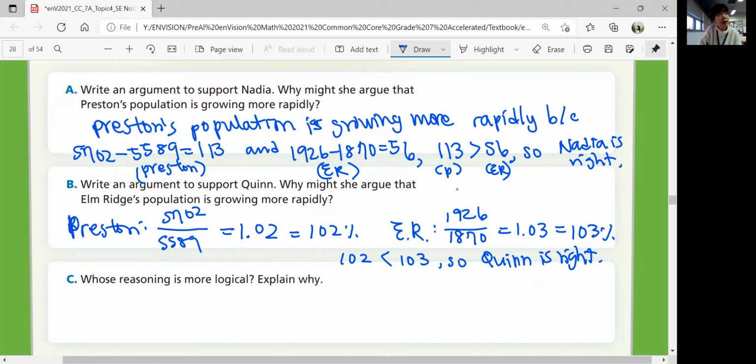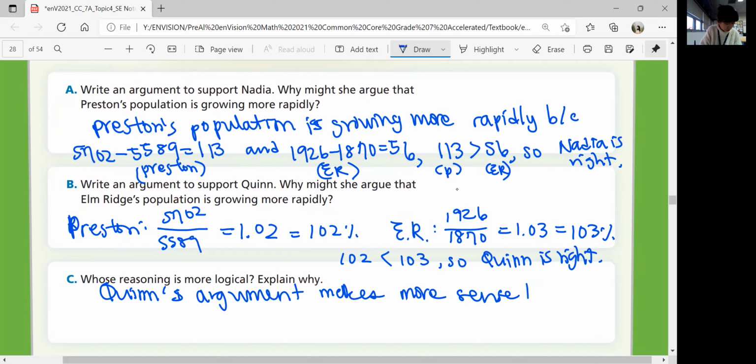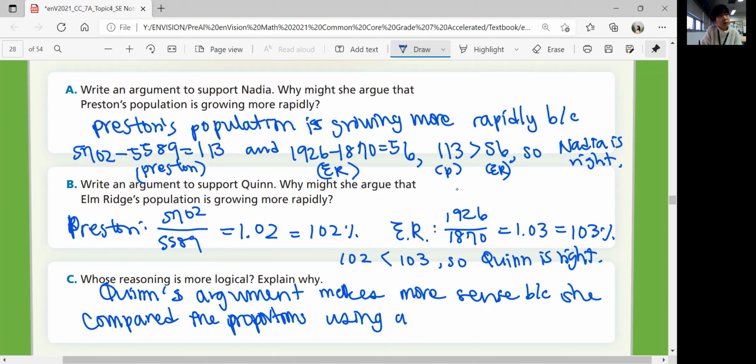I will say that Quinn's argument makes more sense because she compared the proportions using a ratio.